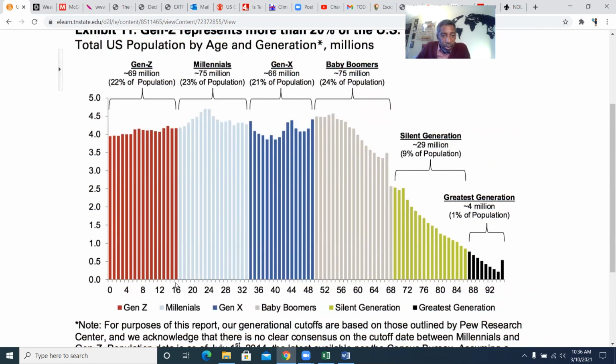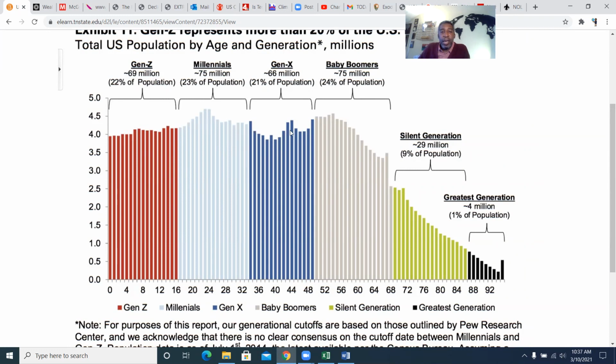So let's see. So this person who was 16 in 2014 is now 23. So that's Generation Z. So if you're 23 years of age and younger, you are in Generation Z. If you're 23 years of age to about 40, then you are a millennial.